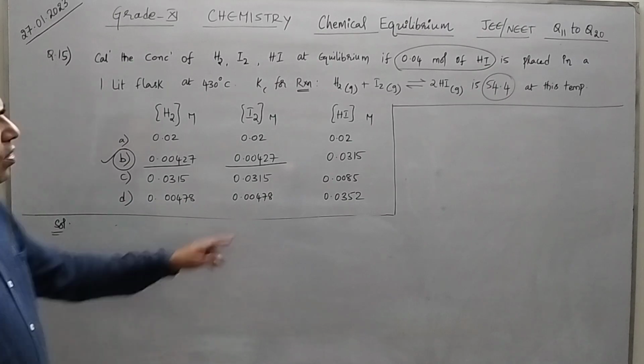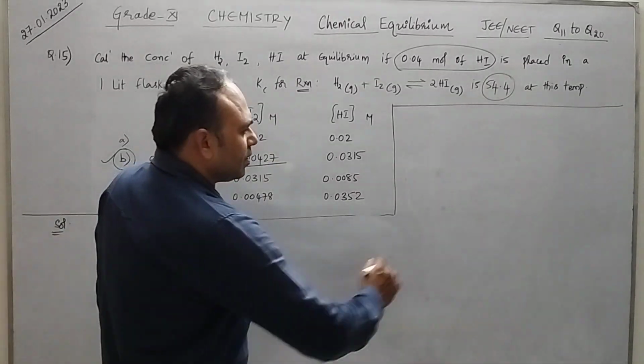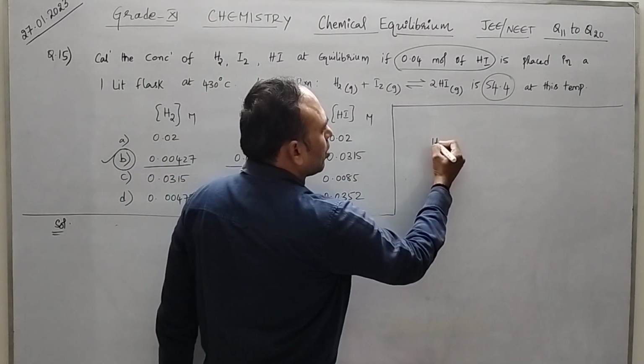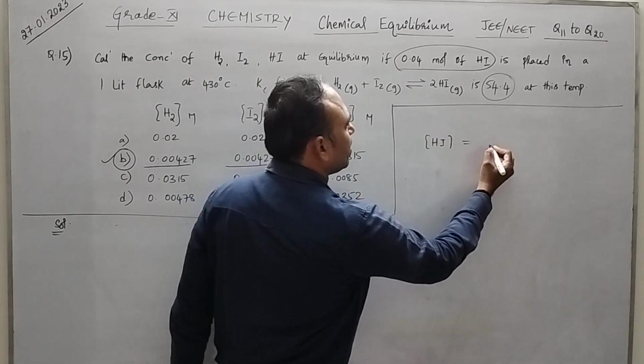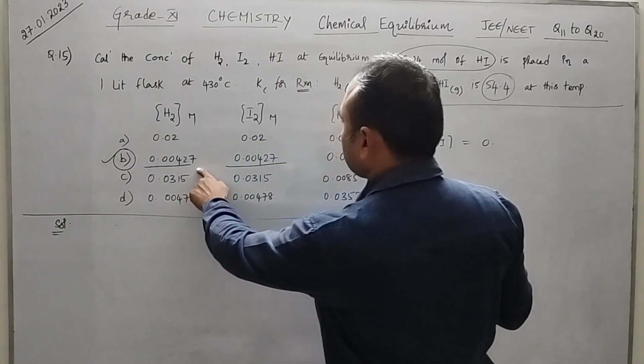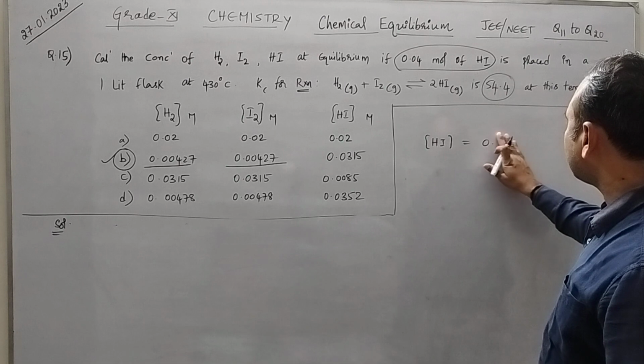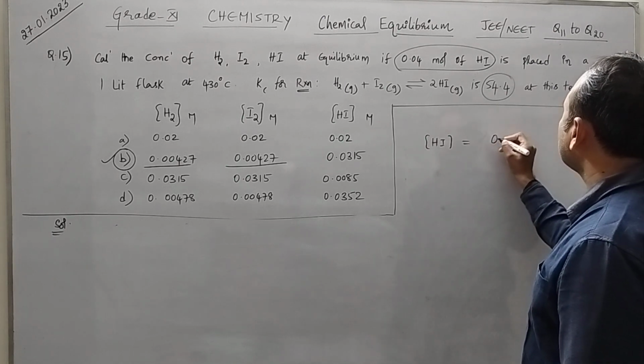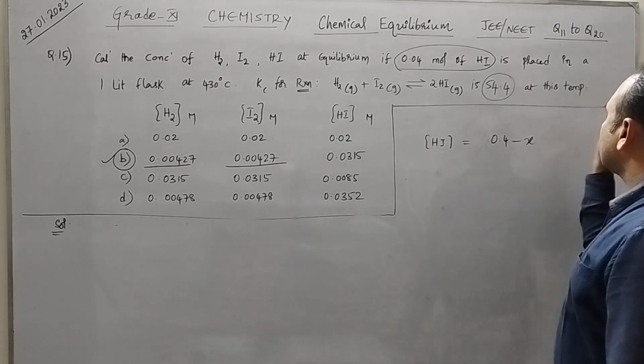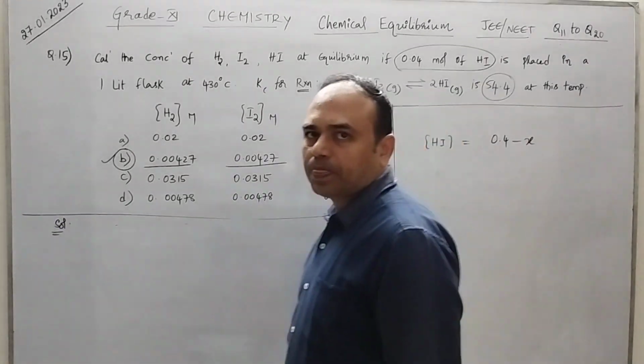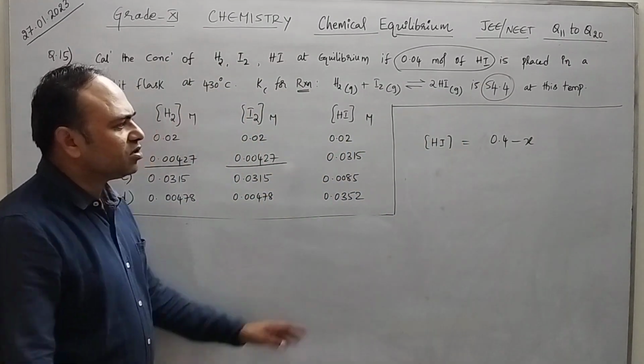Now to find out the concentration of HI, we have this concentration of HI is equal to, you know, the value of X, 0.00427. So let me write like this, number of moles 0.04 minus X. So this was the formula to calculate the concentration of HI.